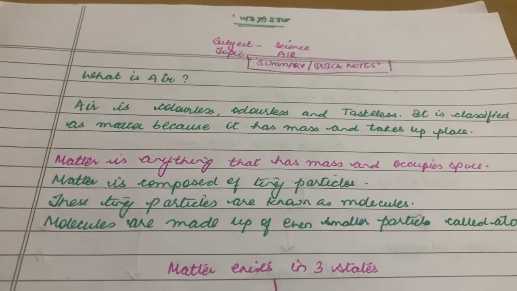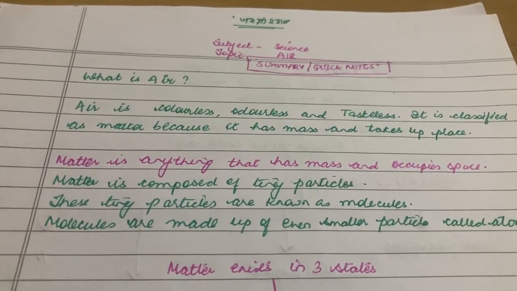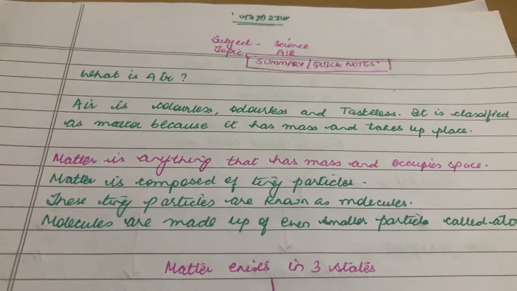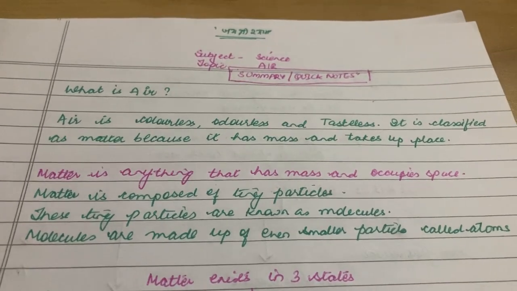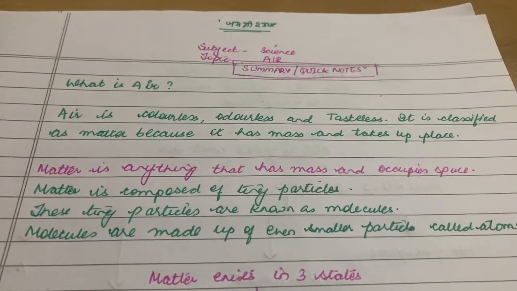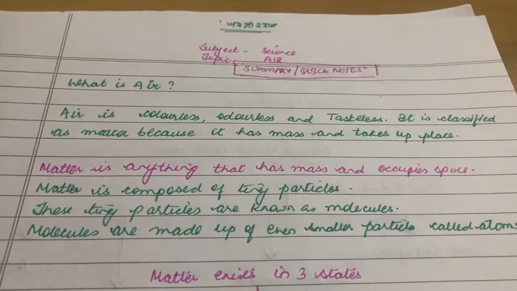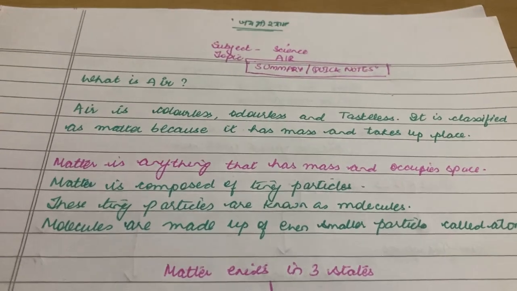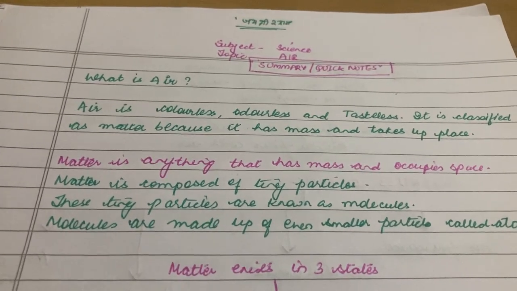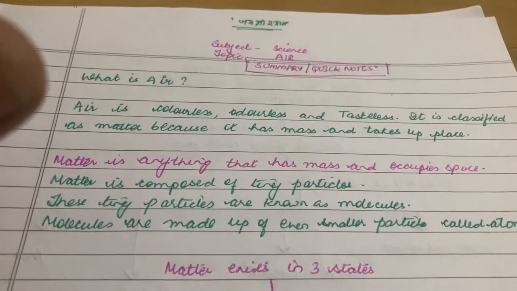And why is it classified as matter? Because it has mass, meaning it has weight, and it takes up space. Since air has these two characteristics, it's classified as matter. Matter is anything that has mass and occupies space.